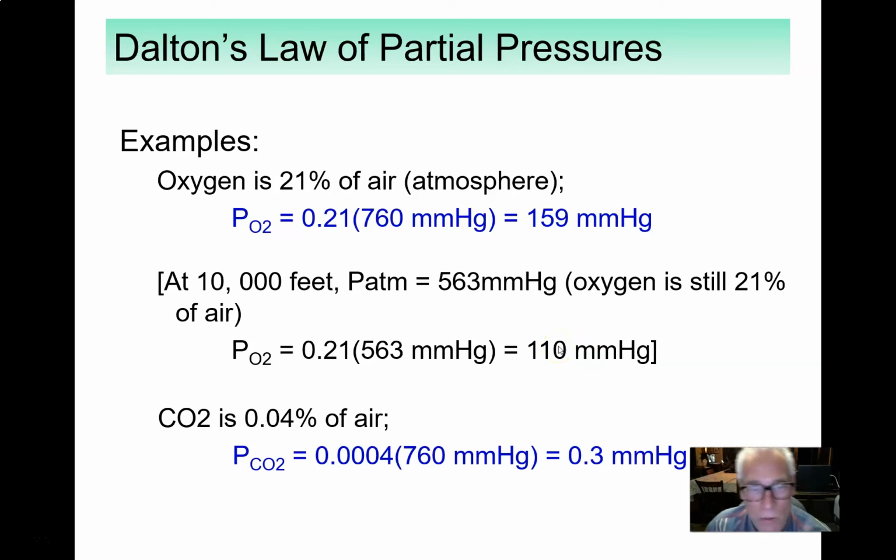How about CO2? Not very much CO2 in the air around us, and that is kind of funny to think about. If we multiply the percent of CO2 in the air around us times the total pressure, 760 millimeters of mercury air pressure, we see that there's only a very, very tiny partial pressure of CO2.